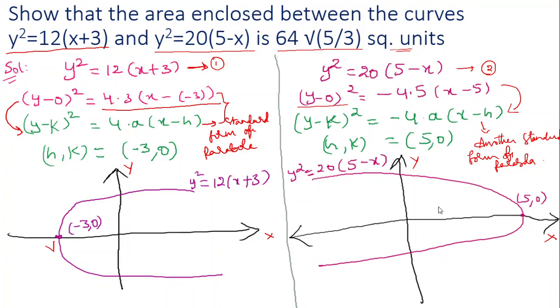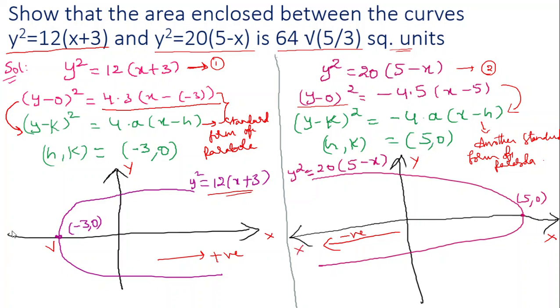One more thing we need to observe from these two figures is that the first curve is open to the positive side of x-axis and the second curve is open to the negative side of x-axis.